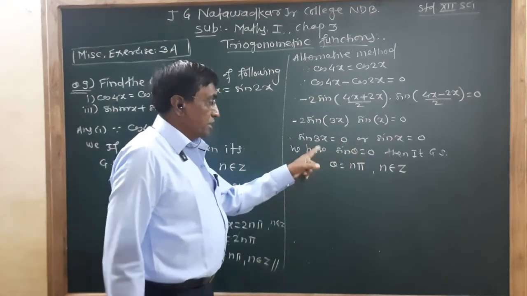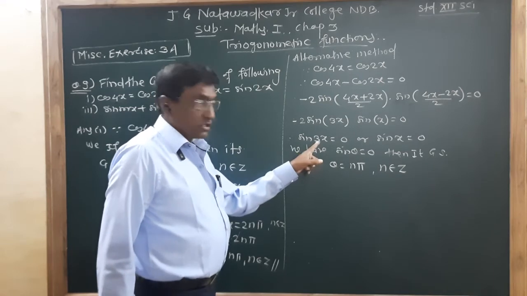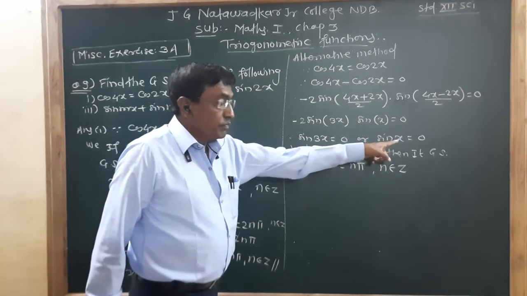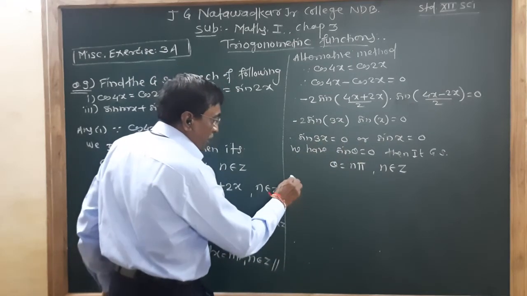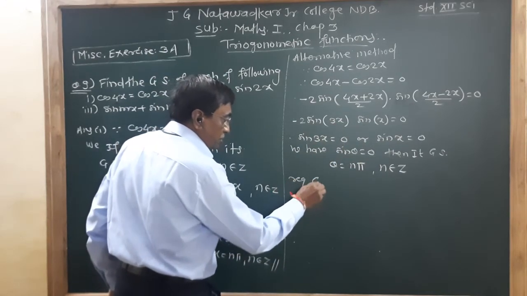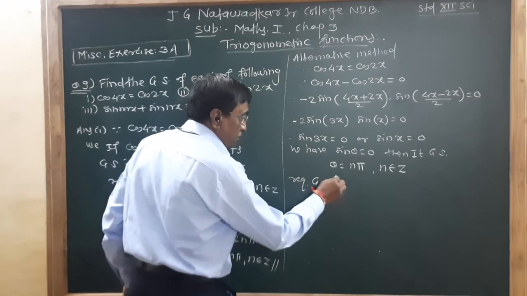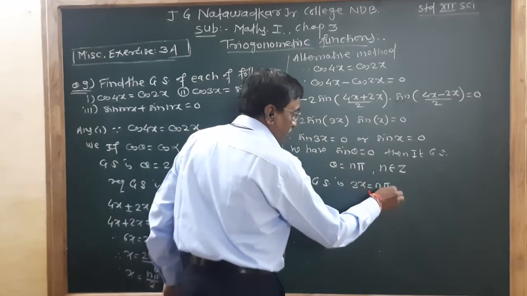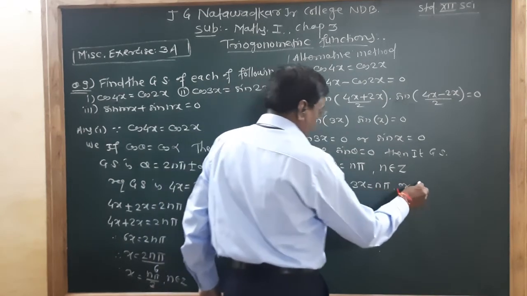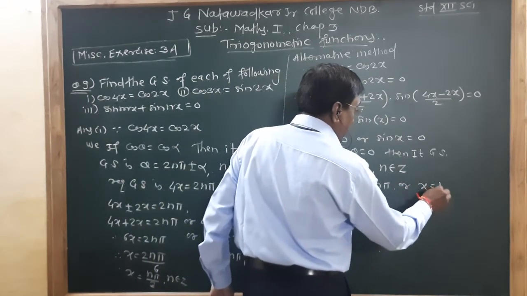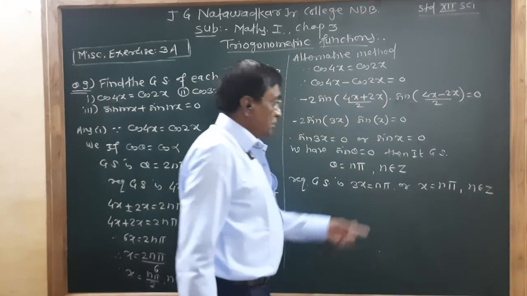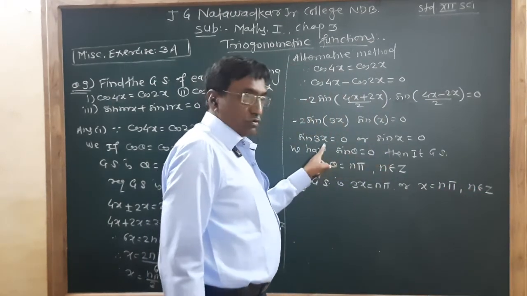Compare here: theta is 3x in one case and theta is x in the other. Therefore the required general solution is 3x is equal to n pi or x is equal to n pi, where n belongs to Z. This is the solution for this equation and this is the solution for that equation.